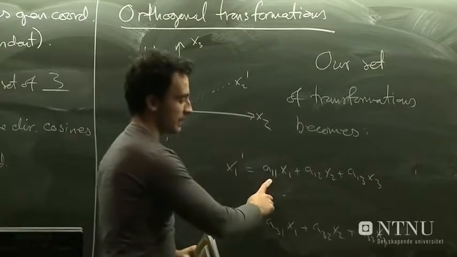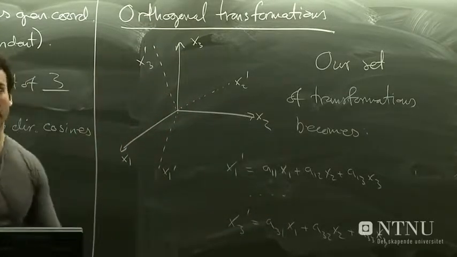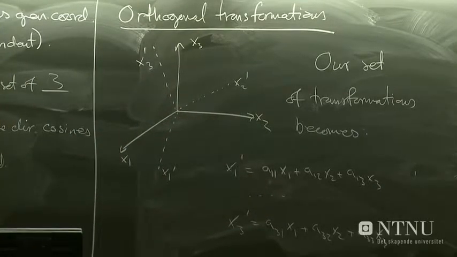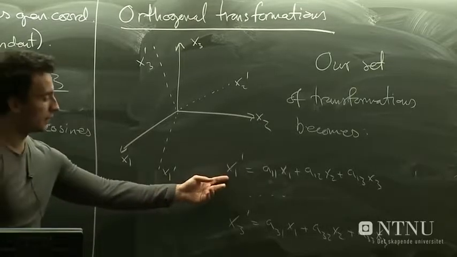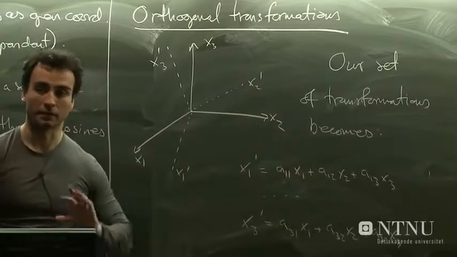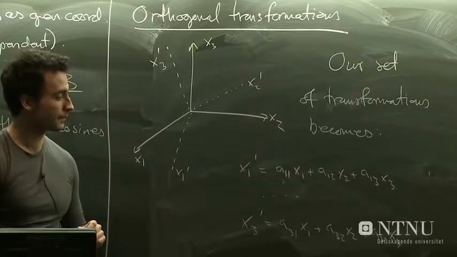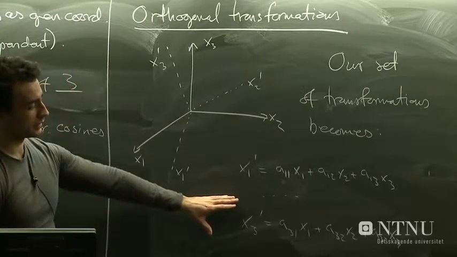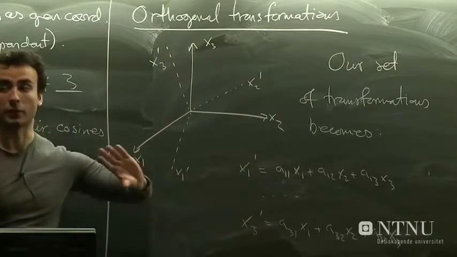And these coefficients, Aij in general, are constant. So they're independent of these coordinates. They're just some constants. So this kind of linear transformation corresponds to a rotation of the coordinate system.